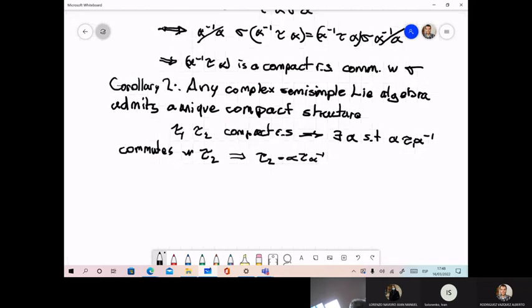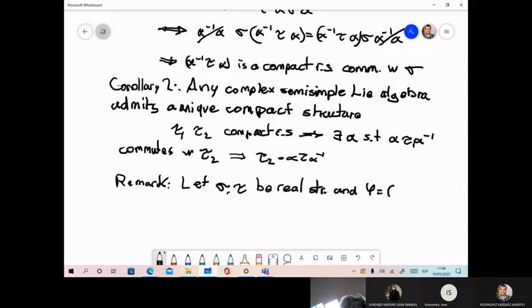And I would like to make here a small comment, which will be useful later on. Remark. Let sigma and tau be real structures, and phi equal phi tau squared.